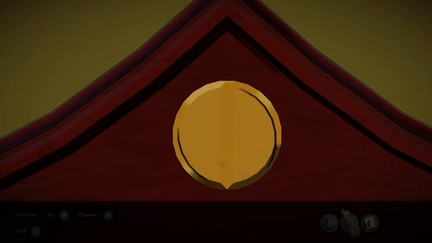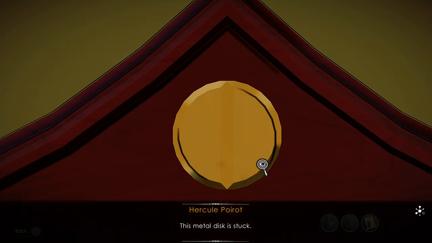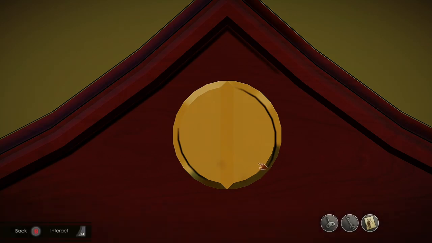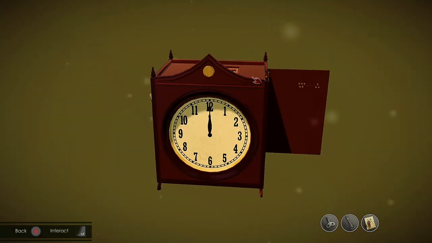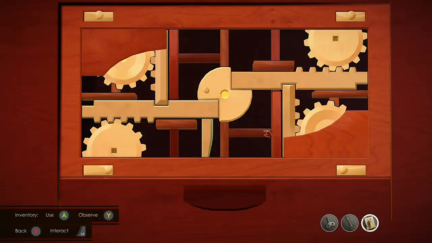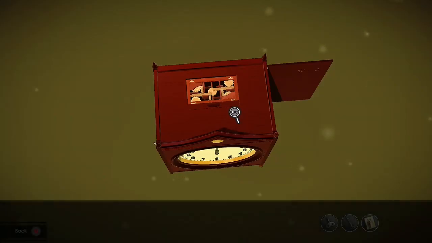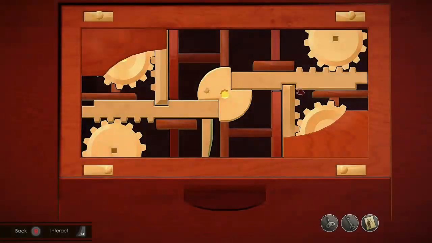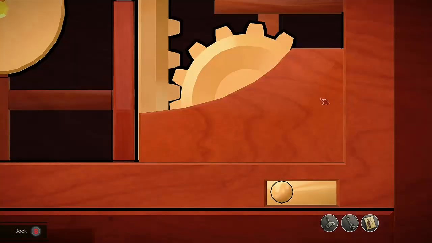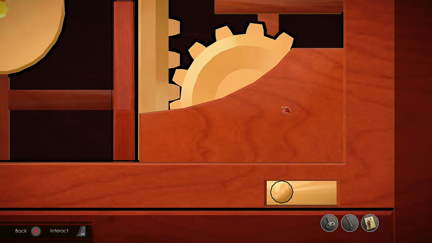This metal disc is stuck. Yes, I know. The central cog. Yes, well, the cogs are blocked by these. I'm trying.